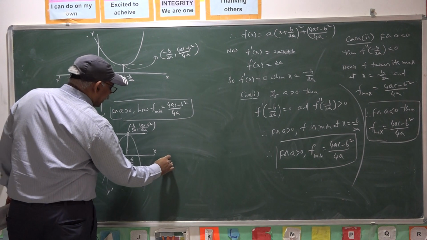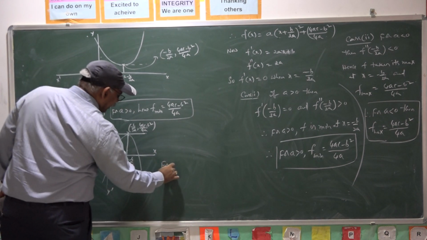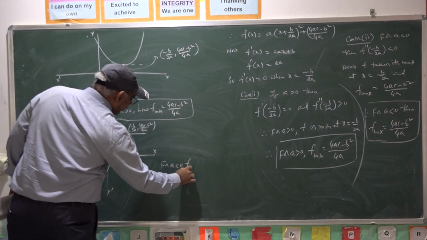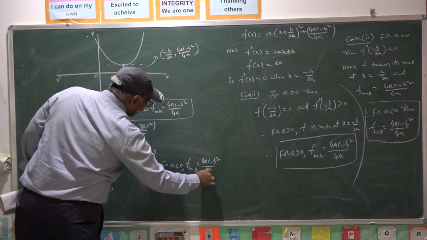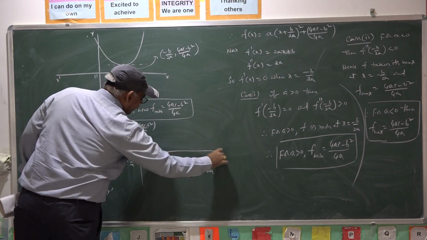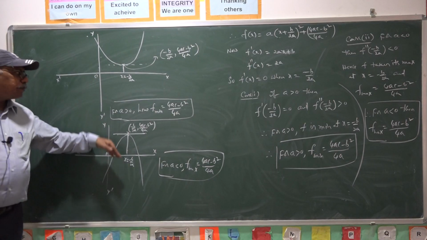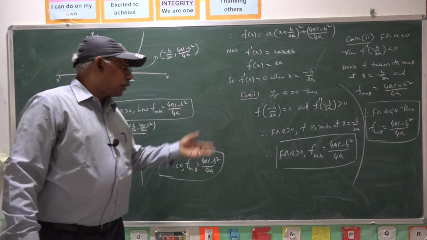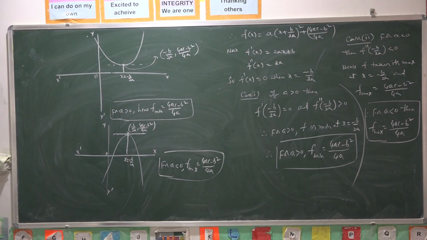So, this is the case for a less than 0, f maximum is 4ac minus b square by 4a. This is the case of maximum, this is the case of minimum. The graph of the quadratic takes its turn at x equal to minus b by 2a.